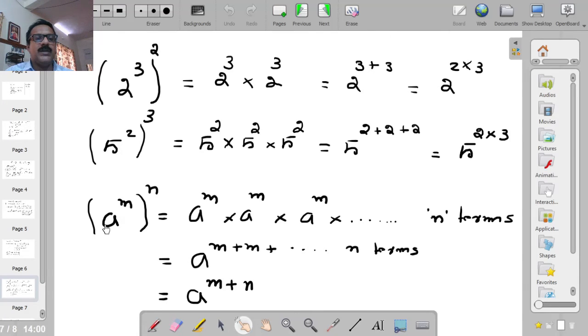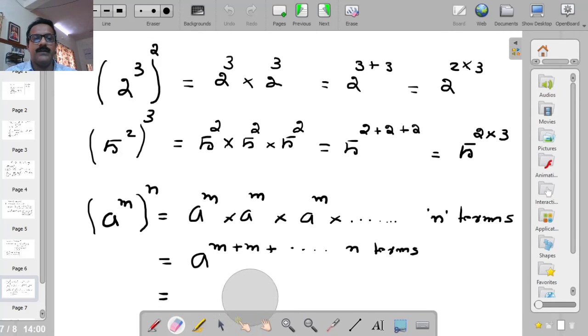Similarly, a raised to m, the whole raised to n is equal to a raised to m multiplied n times. A raised to m occurs n times. This is equal to a raised to m plus m plus m. How many times does m occur? n times. m is added n times, we get m into n, m times n.